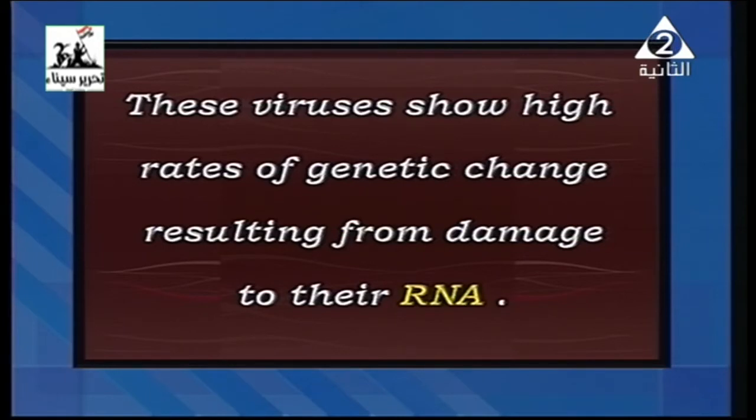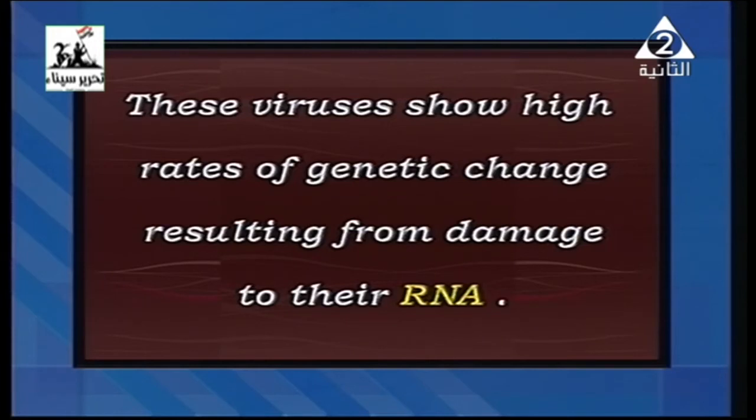This type of virus is very difficult to remove from our bodies, because we don't have a fixed form of the sequence to eliminate it, and they have a lot of changes.